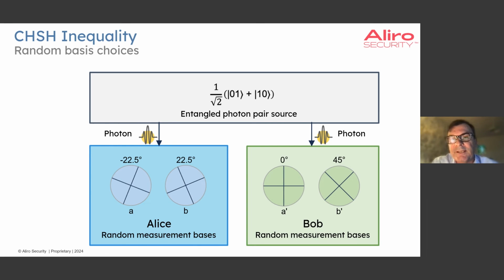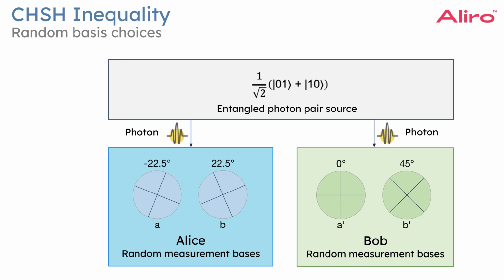Now, in the previous slide, I mentioned polarization rotators, which allow Alice and Bob to independently choose their measurement basis. Alice randomly chooses her measurement basis for each arriving photon, either 22.5 degrees or minus 22.5 degrees. And Bob also randomly chooses his measurement basis for each arriving photon, but he picks between 0 and 45 degrees.